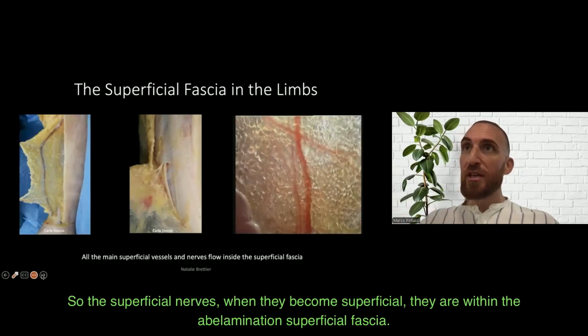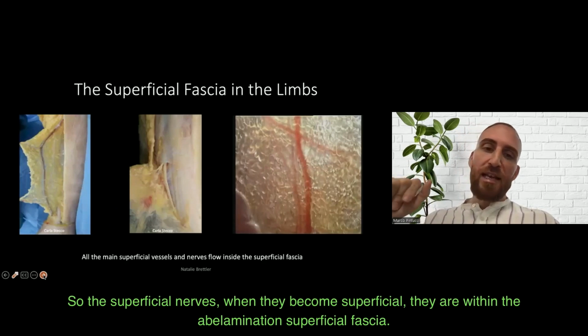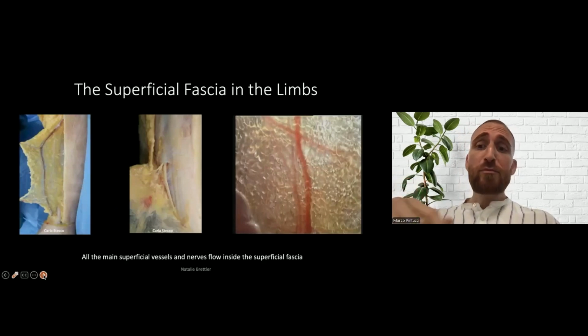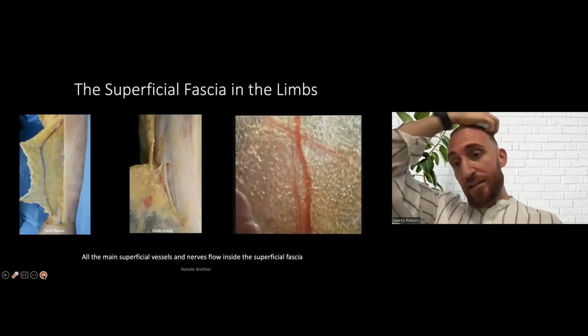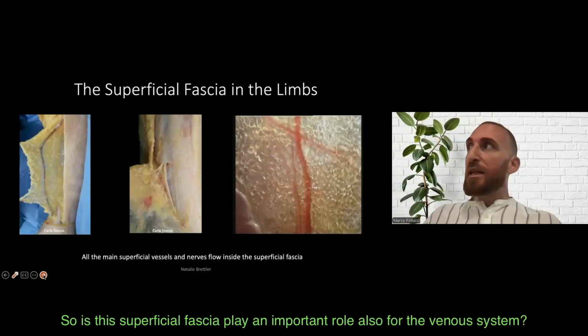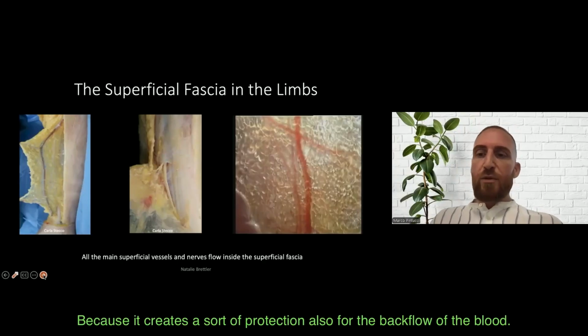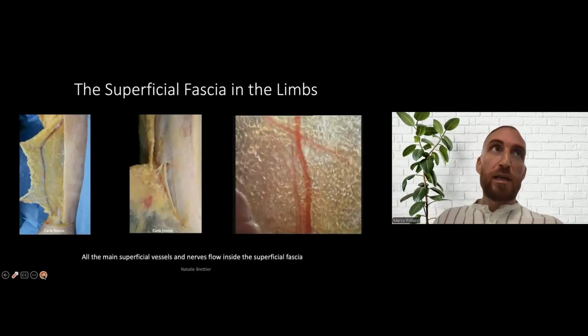So when the superficial nerves become superficial, they are within the lamination of the superficial fascia. And also in the superficial fascia, we have the lymphatic ducts. This superficial fascia plays an important role also for the venous system, because it creates a sort of protection against the backflow of the blood.